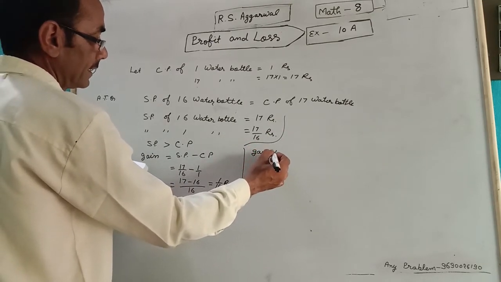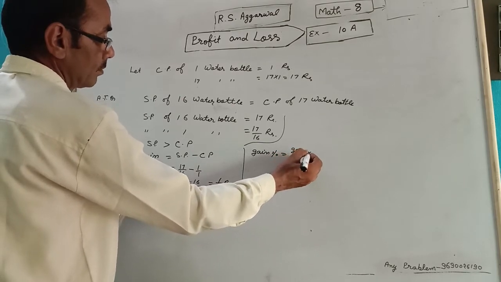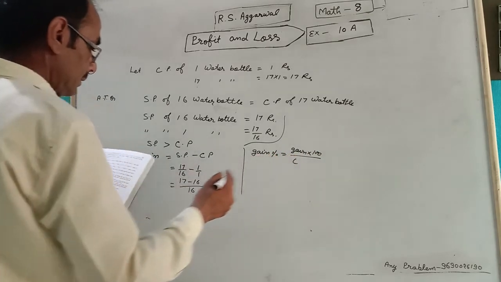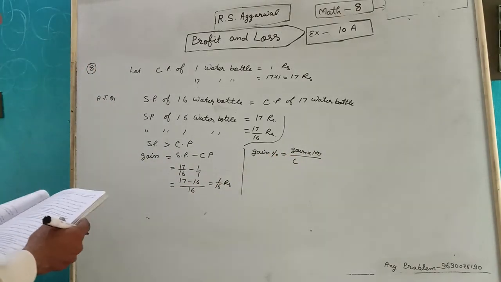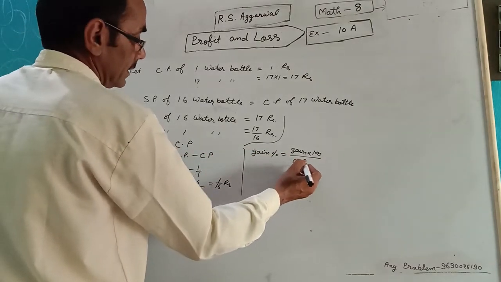Gain percent is equal to gain into 100 upon CP.